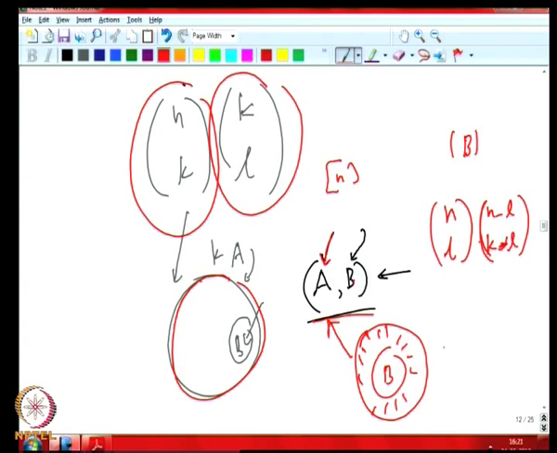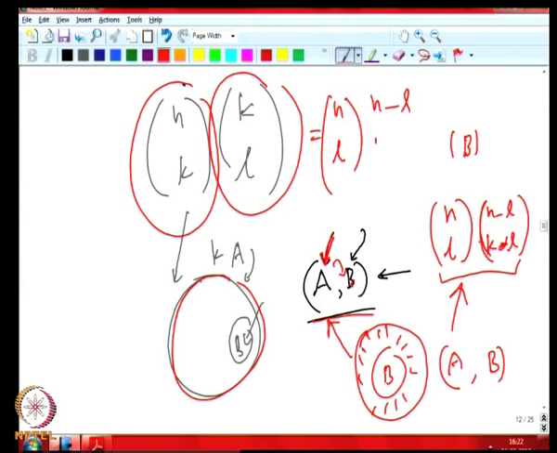So, B is selected first, then A is selected. This is again counting the pairs A comma B, such that B is an L element set and A is a k element subset of n which is a superset of B, which is the same as saying that A is a k element subset and B is a subset of A. That will give you this thing. So, therefore, this and this are equal: n choose L into n minus L choose k minus L, both are same, right.